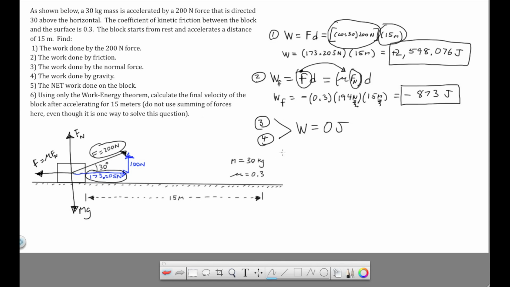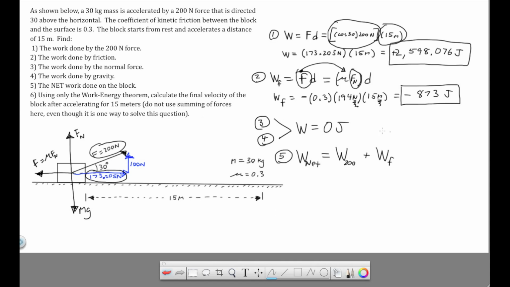All right, question 5. Find the net work done, the total work done. Well, we have 2 forces that did work. The 2 forces that did work are the 200 Newton force and friction. So this is going to be work done by the 200 Newton force plus the work done by friction.